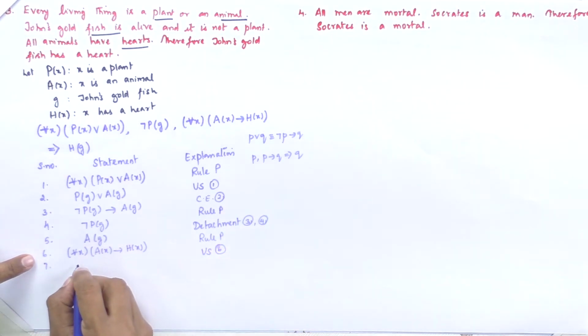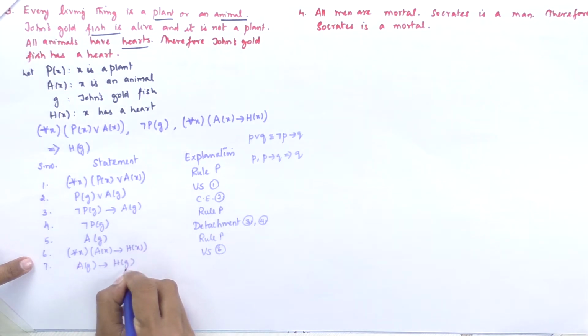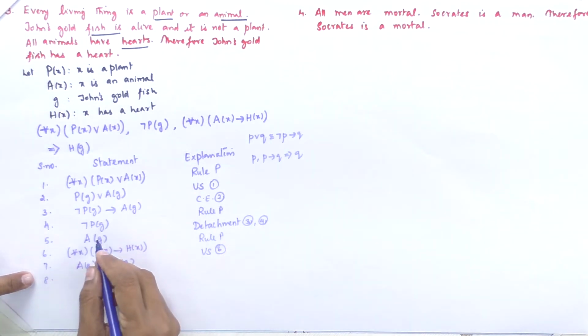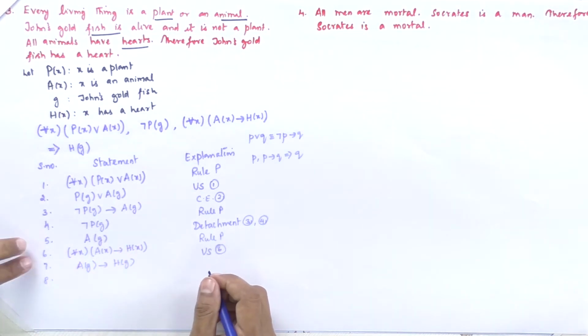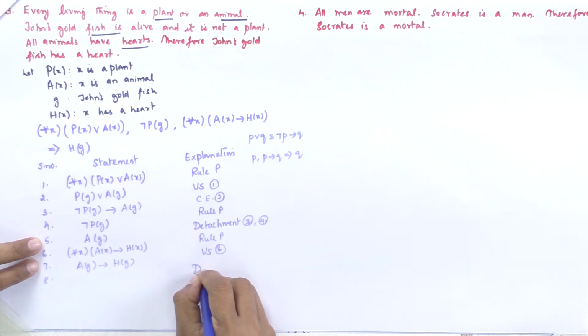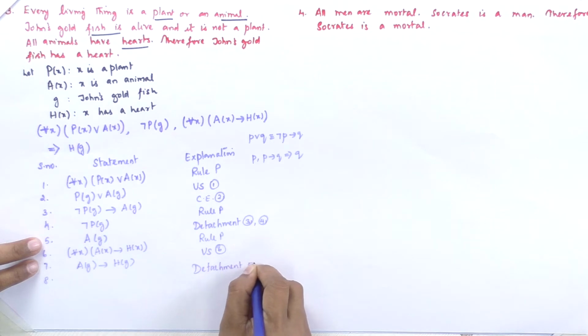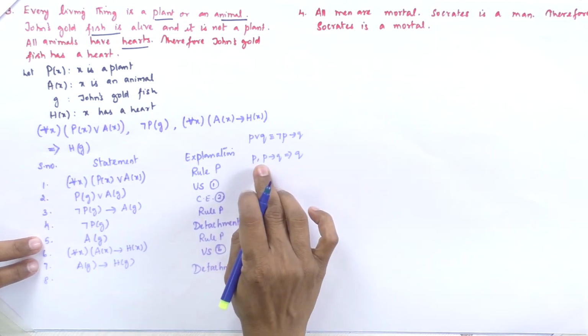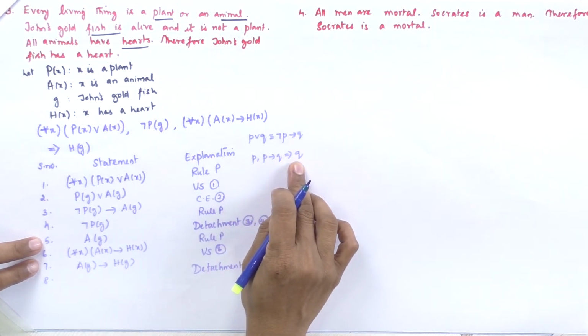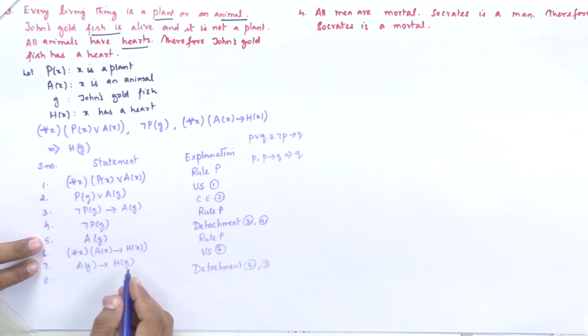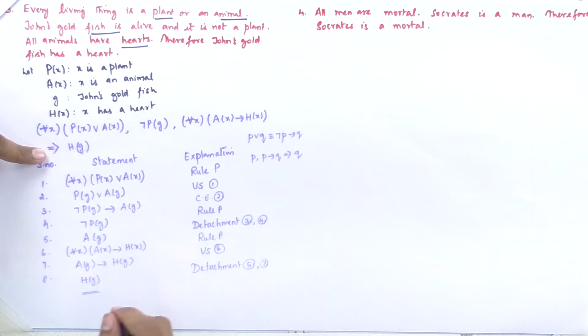We get A of G conditional H of G. So next is again detachment, which I will make use of for 5 and 7. The law of detachment says that whenever we have P and P conditional Q, it can be written as Q. So now I can write it as H of G. That is the conclusion part of the problem. Therefore the given statement is valid.